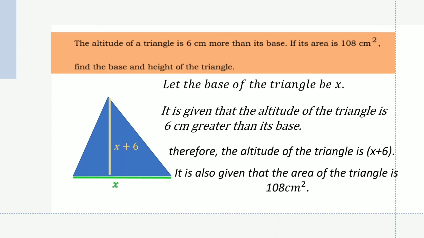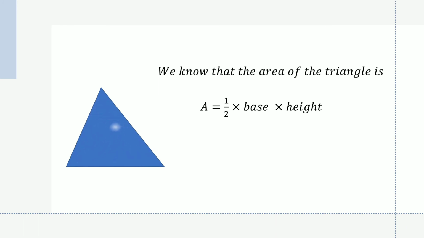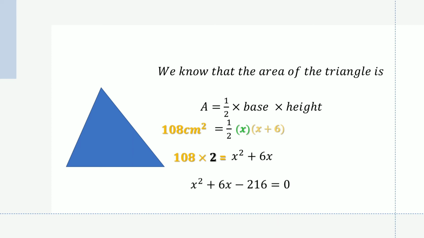The area of a triangle is half into base into height, so 108 = ½ × x × (x + 6). Transposing 2 to that side, 108 × 2 = x² + 6x.